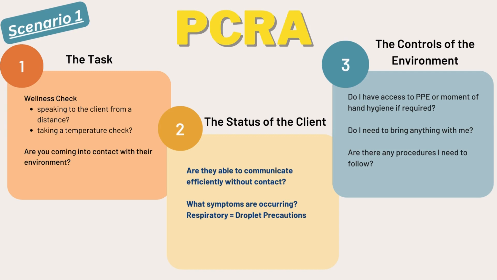So other parts of your point of care risk assessment have already noted that you would need PPE if you're entering that environment. So is that PPE available? Do you need to get a PPE cart? Is there access to hand hygiene? Will you need a thermometer? Will you need disinfecting wipes? So these are some of the questions you're going to be asking yourself before you continue on.